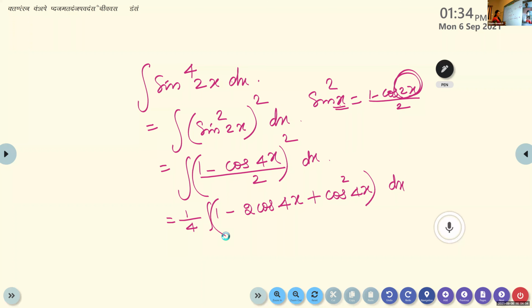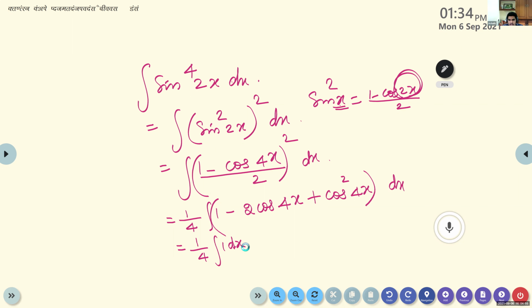So now look at the next step. Ma'am, I have a doubt. We got 1 minus cos 2x by 2, so how do we take 1 by 4 outside? The whole square is there. What is a by b the whole square?